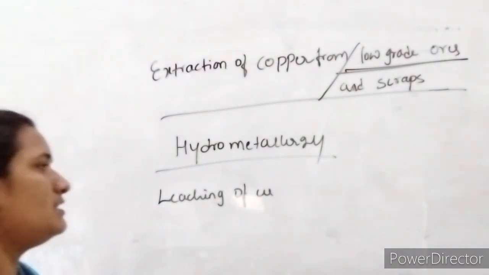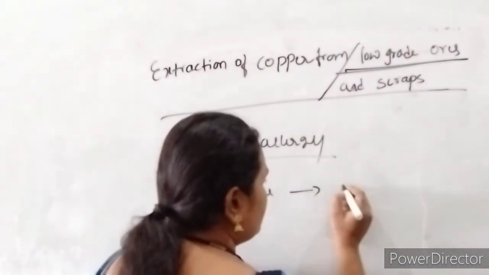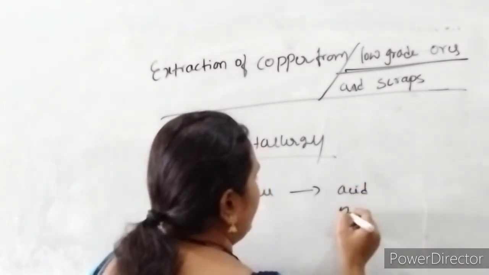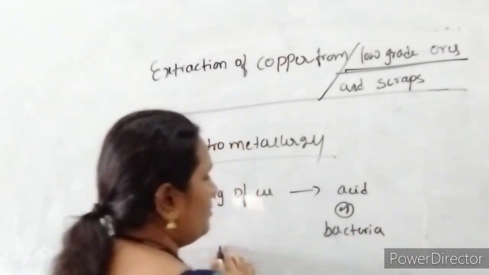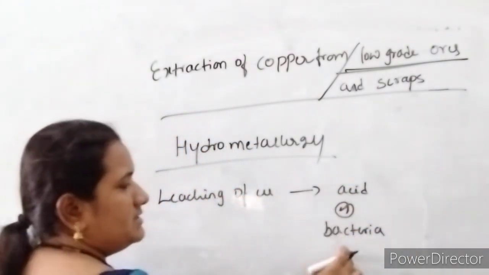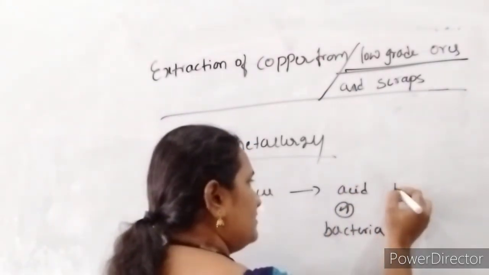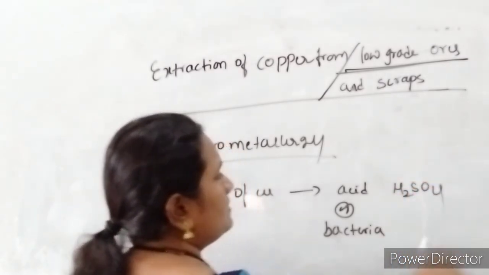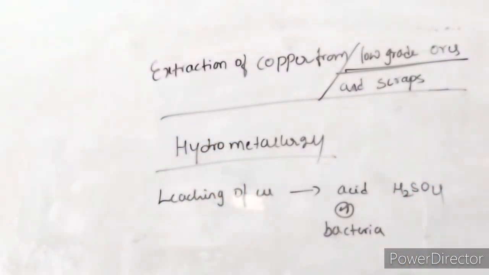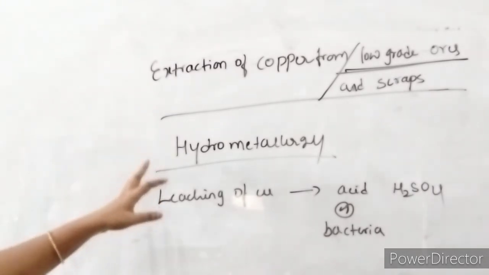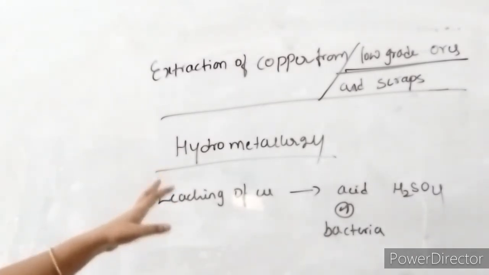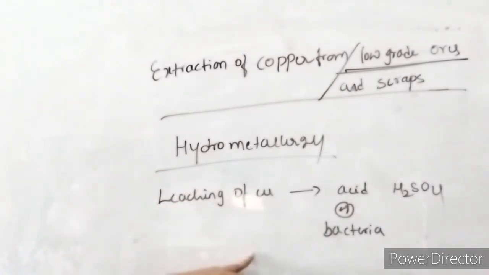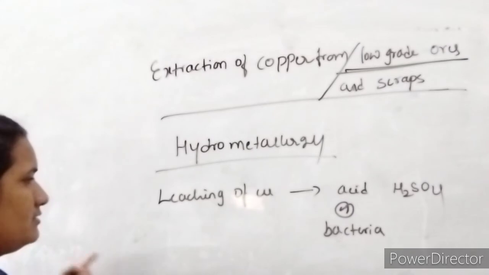Here the leaching is done either by using acid or bacteria. Here we always use sulfuric acid, that is H2SO4. So it is extracted by hydrometallurgy from low grade ore and leached with the help of acid or bacteria.